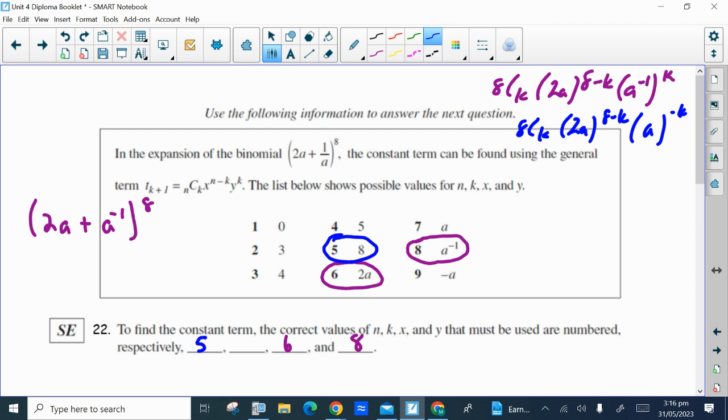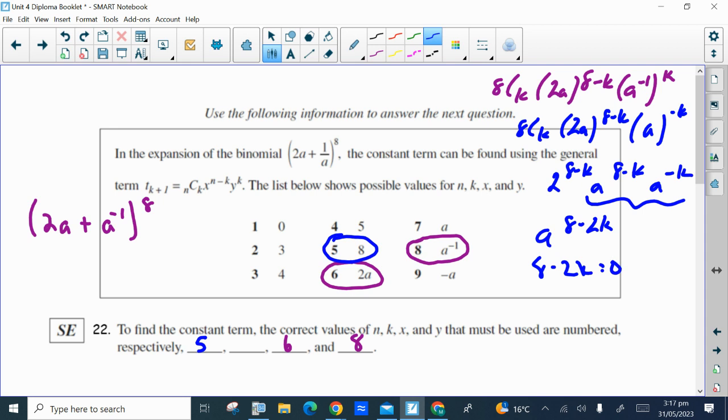If you combine these two together, realizing that the 2 would be raised to the 8 minus k as well as the a, and I didn't write the 8Ck because that really has no use for us now. All we need to do is find out what the value of k is so that we get a to the power 0 at the end. So I'll only combine those two together by adding the exponents, a to the 8 minus 2k, and that's what must equal 0.